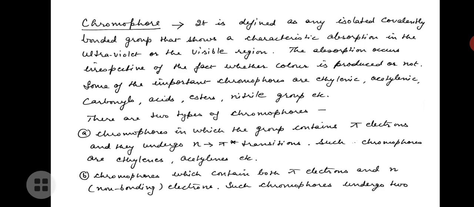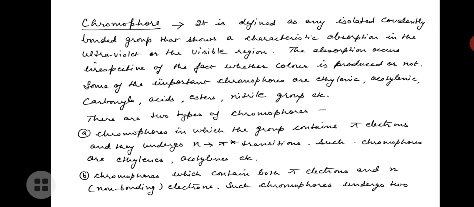Originally, a chromophore was considered any system which is responsible for imparting color to the compound. Nitro compounds are generally yellow in color. So clearly nitro group is the chromophore which imparts yellow color. Similarly, aryl conjugated azo group is a chromophore for providing color to the azo dyes.